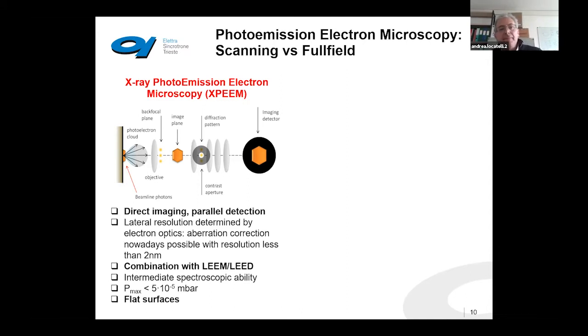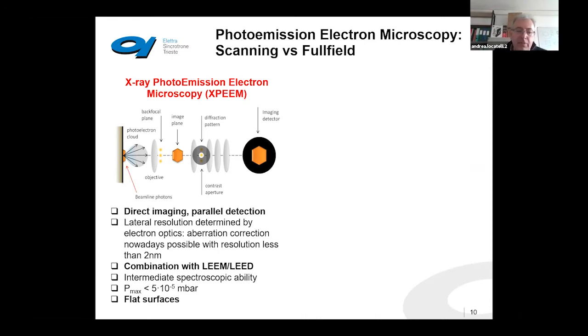Of course, in the back focal plane of the objective you can find the diffraction pattern, and typically the optics produces other images of the diffraction pattern, and you can put an iris there, and then you can decrease the angular acceptance of the instrument, which has some consequences on the lateral resolution.